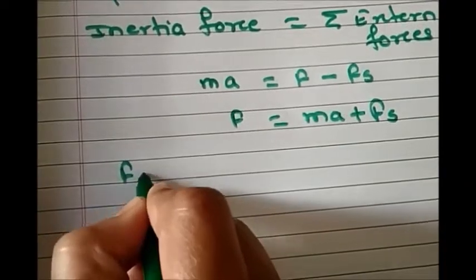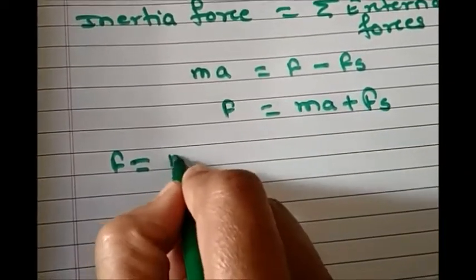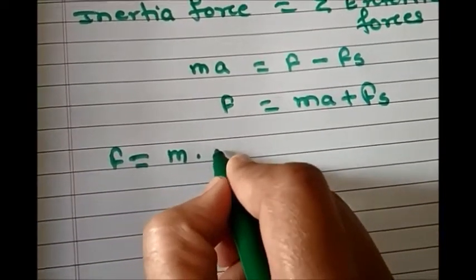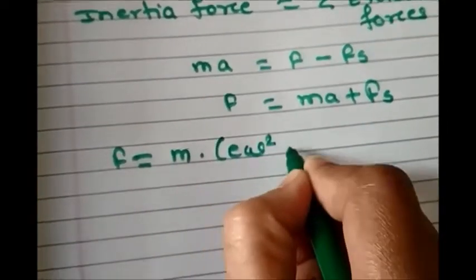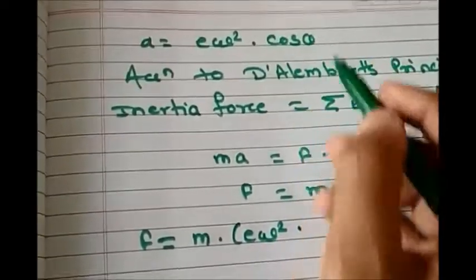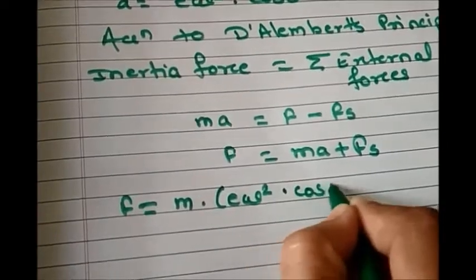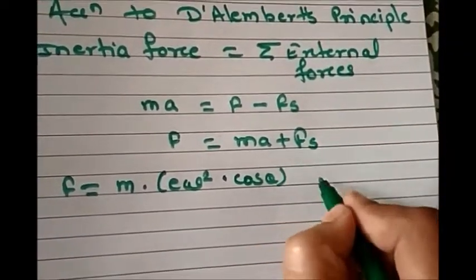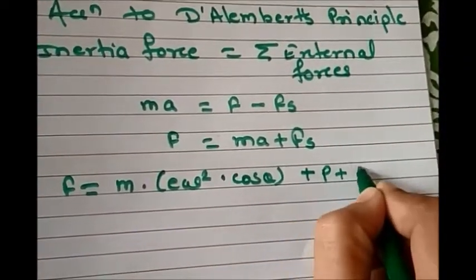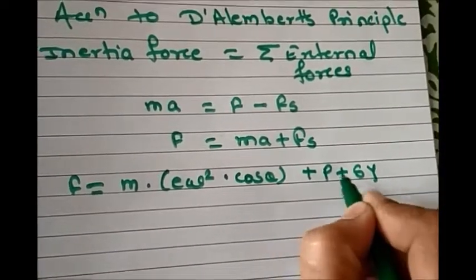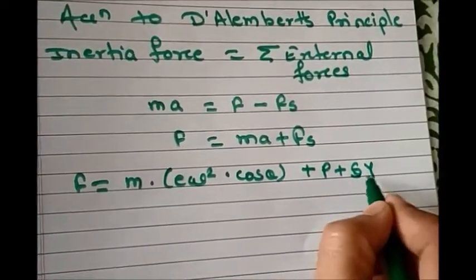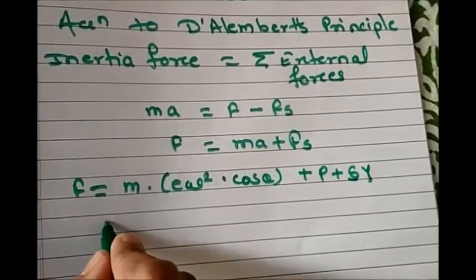Now let's put the value of acceleration. So m into a is what? m e omega square into cos of theta, plus Fs, the spring force, so it is P plus Sy, where P is the preload force, S is the stiffness, and y is the displacement.